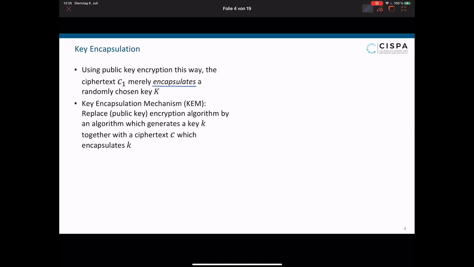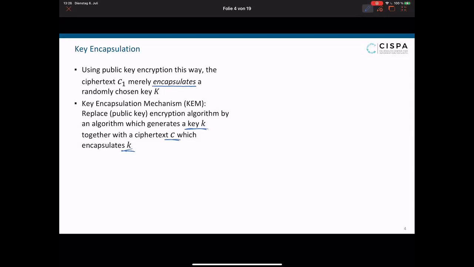What that means in a nutshell is that the encryption algorithm of public key encryption is just replaced by an algorithm which samples a key K, which I can then use for private key encryption, and outputs a ciphertext C, which encapsulates this key.